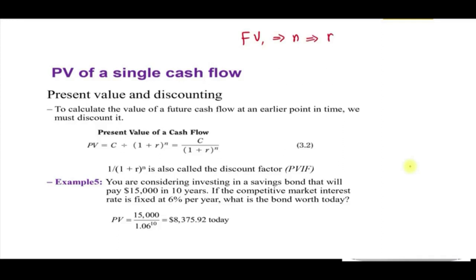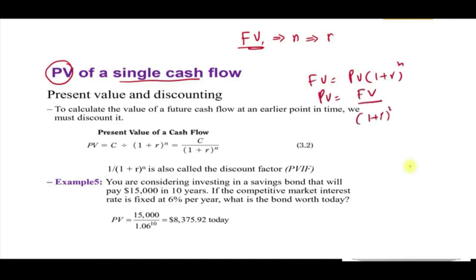Now we are actually discussing present value instead of future value. Now we are doing present value of a single cash flow. So that's a very simple formula. It is equal to FV is equal to PV (1 plus r) power n. So we need to adjust the formula only, that is equal to FV divided by (1 plus r) power n.